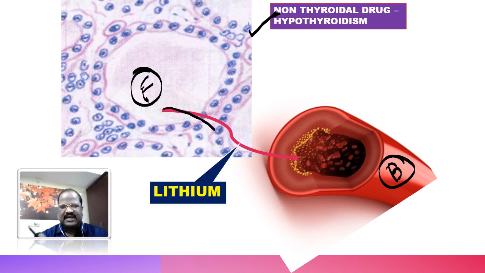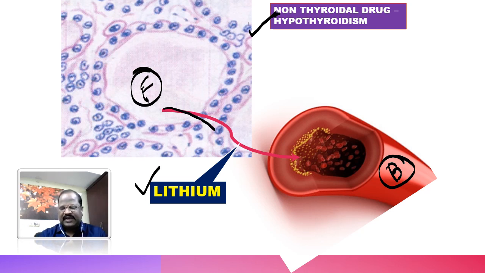That drug is lithium. Lithium is a drug for bipolar disorder prophylaxis. That drug may cause hypothyroidism. One of the side effects of lithium is causing hypothyroidism, because of inhibiting release of T3, T4 from the follicle.